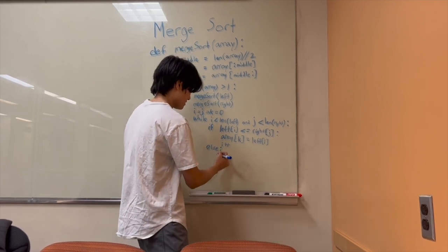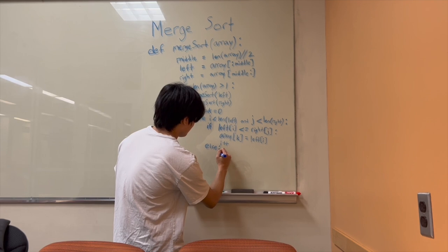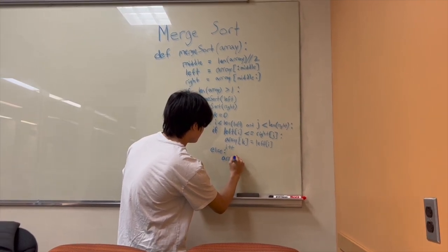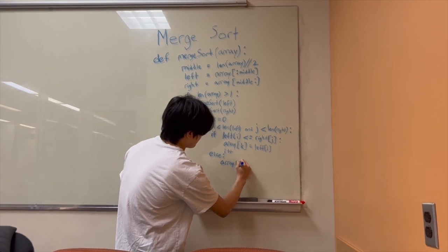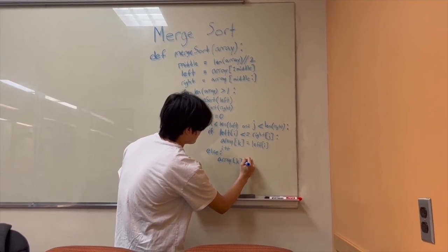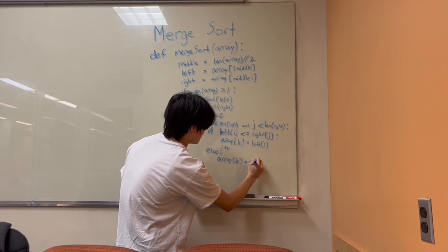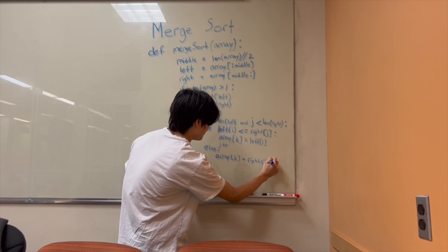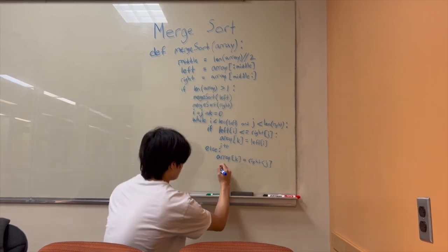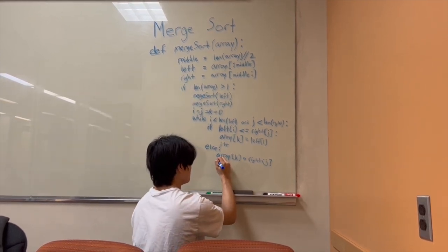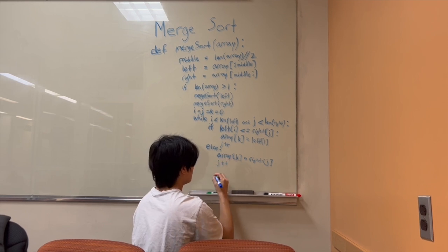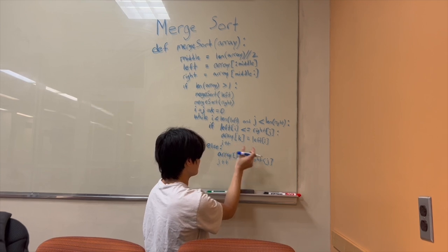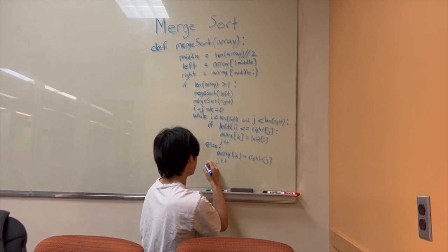So then we'll have array k is equal to right j. And then we'll increment j by 1. And then after we do this, we'll increment k by 1 because then it's like the next value for the sorted array.